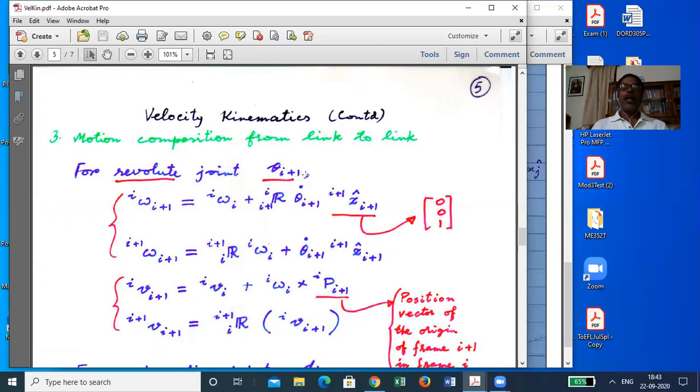If it is prismatic, then in this place theta dot will be 0, there will be a d dot, and therefore the angular velocity expressions will be simpler and more drama will be there in the linear velocity expression because there will be a relative linear velocity there.